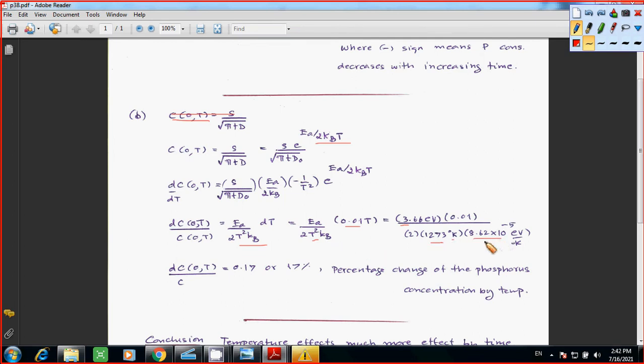And this is your kB, 8.62 times 10 to the negative 5 electron volt per Kelvin, and you end up with the percentage change in the phosphorus concentration by temperature, which is 0.17 or 17%.